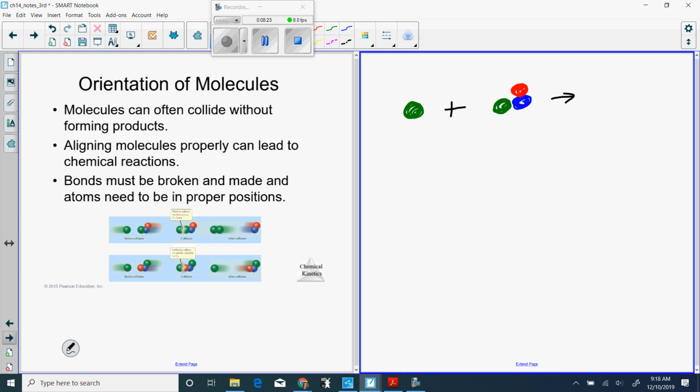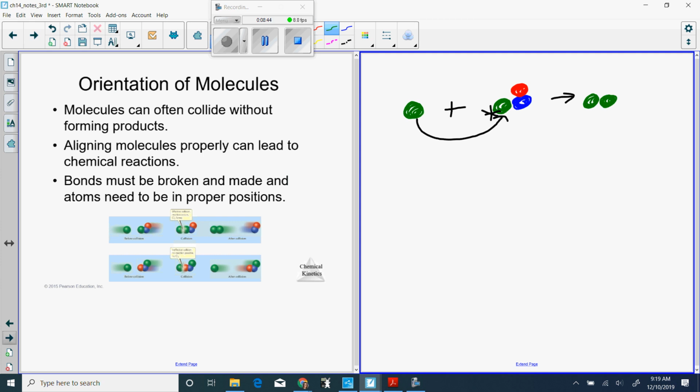So they're all hanging out, they're all having their kinetic energy. If the green happens to collide, star is usually our sign for collide, with the green on that guy, then I have a successful reaction, a successful collision.